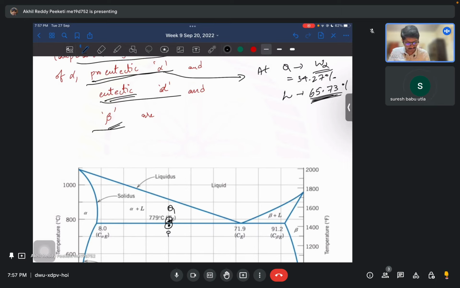So at P we already got W alpha, like total alpha. So this is pro-eutectic alpha plus eutectic alpha. We already did the calculations from below, right?